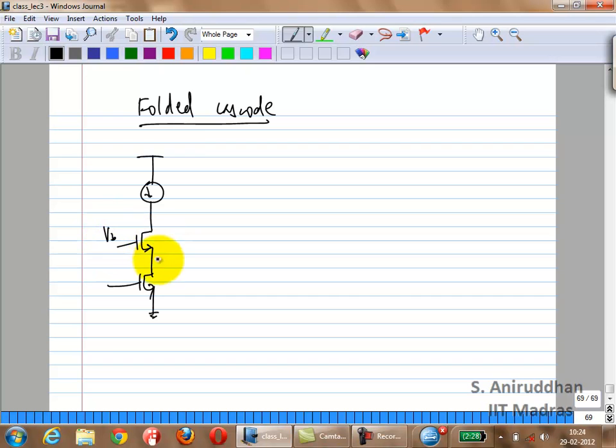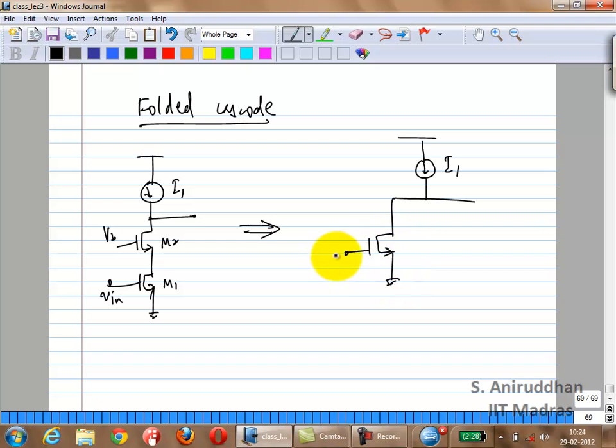So let's say this was your VB, and let's say this was I1. Okay, so you can replace M2 with a PMOS. Let's say I have I1 here.